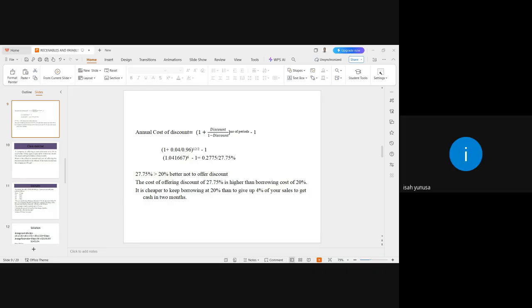Based on what Madam George just explained, if we divide 12 months by 3, we are going to have 4. Out of the 3 months, we only give 1 month from it, left with 2 months.